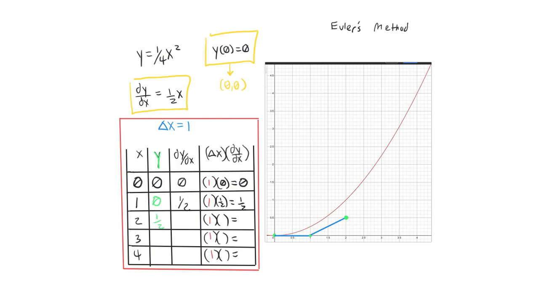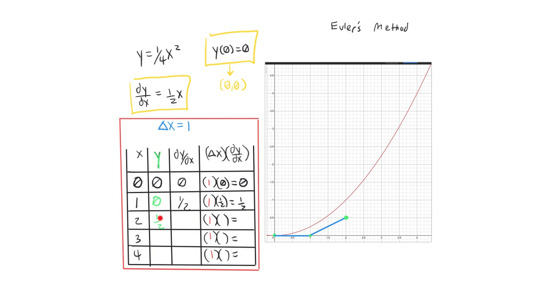Now, the reason I'm drawing all these in green is because this green column is the approximation column, where the typical Euler's method AP calculus problem is going to ask you for the so-called approximation whenever x equals a particular value.